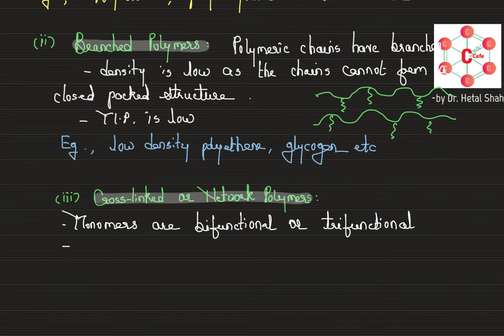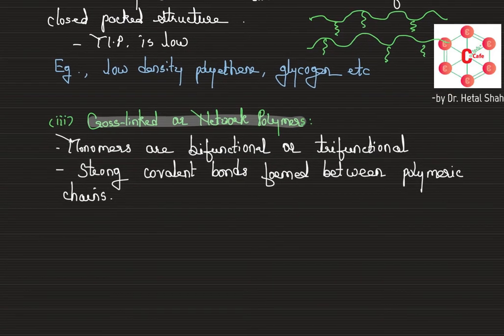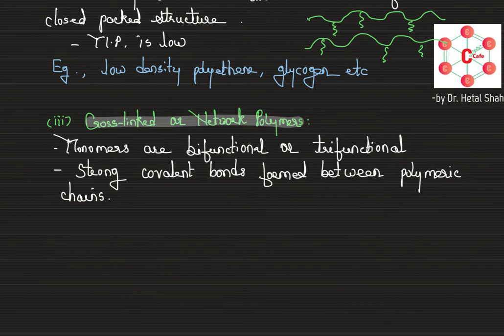And in this kind of polymers, there are strong covalent bonds formed between polymeric chains, right? So this is something which you have to know, that here we don't have branches.